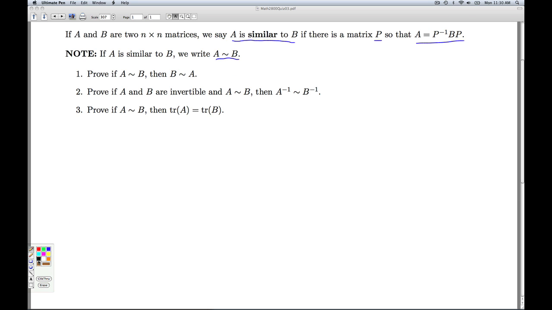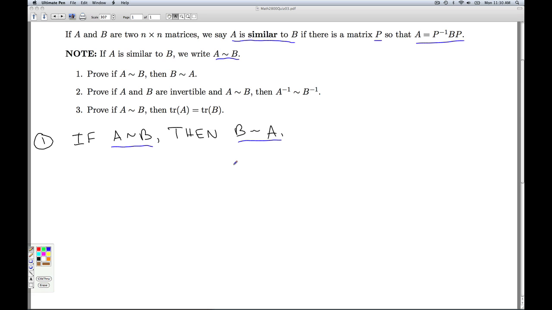So, the first thing I have to do is prove that if A is similar to B, then B is similar to A. This is what's called a conditional statement in mathematics. This is called the hypothesis, the if part, and this is called the conclusion, the then part.